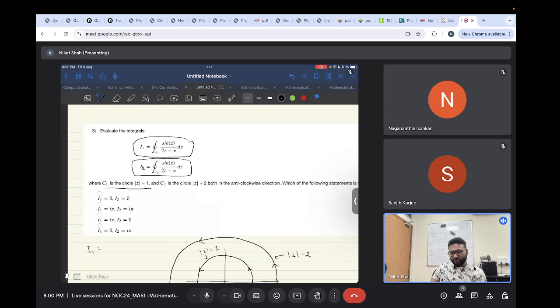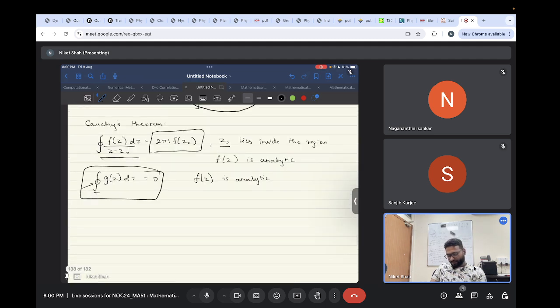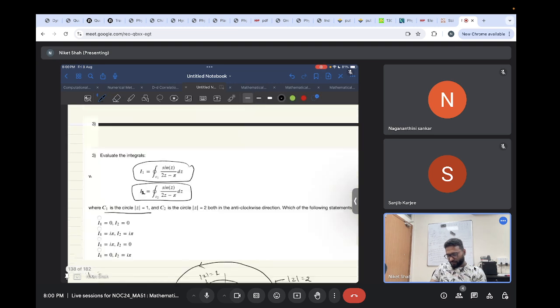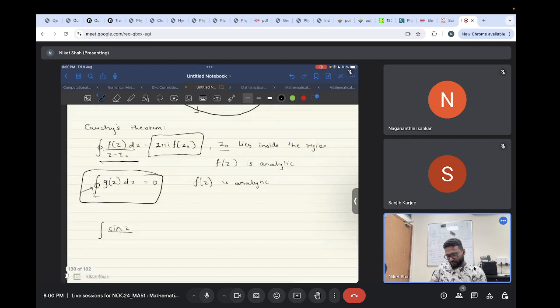The pole is z0. My function is sine z divided by 2z minus pi dz, over some contour. I'll rewrite it as sine z divided by 2 into z minus pi by 2, dz.